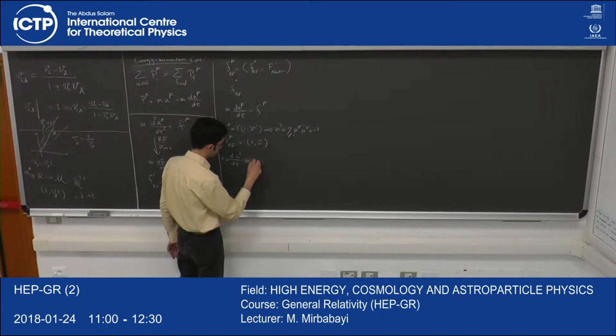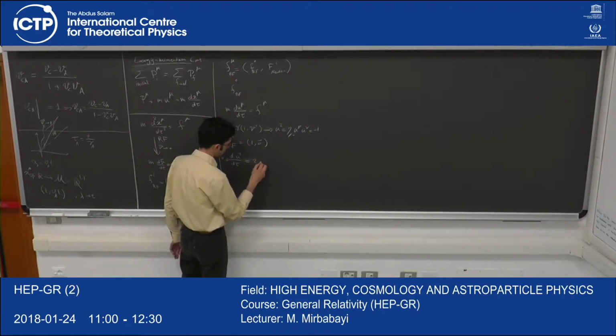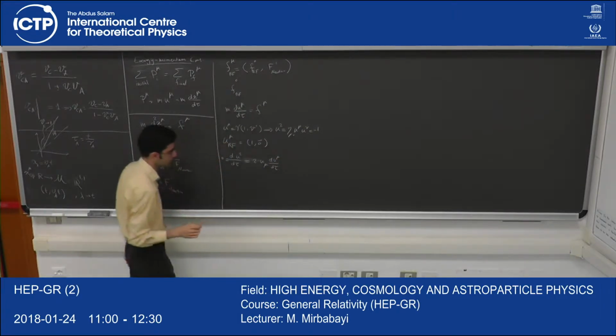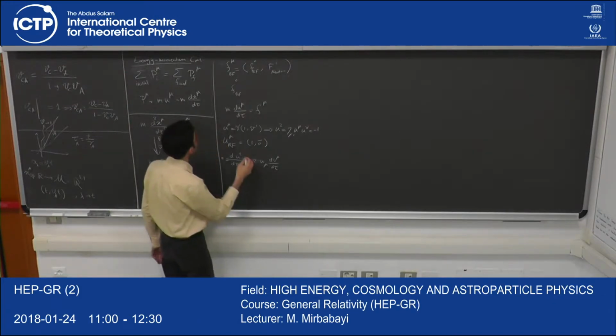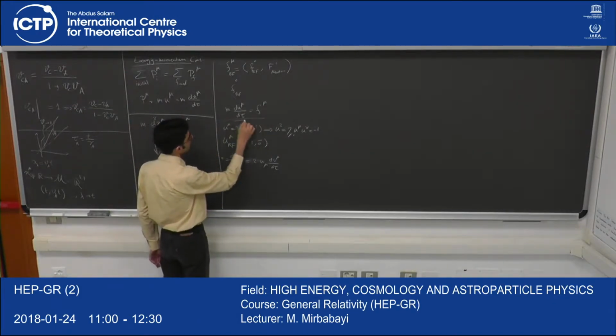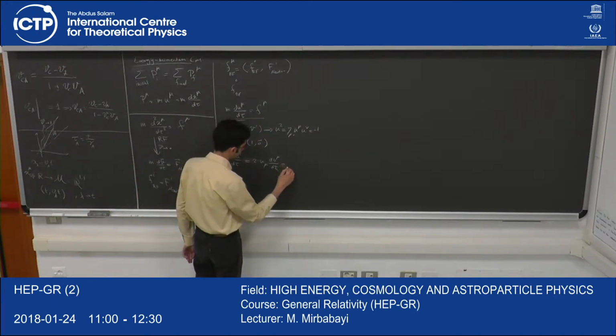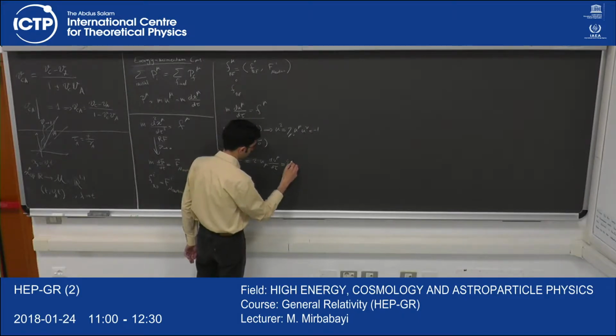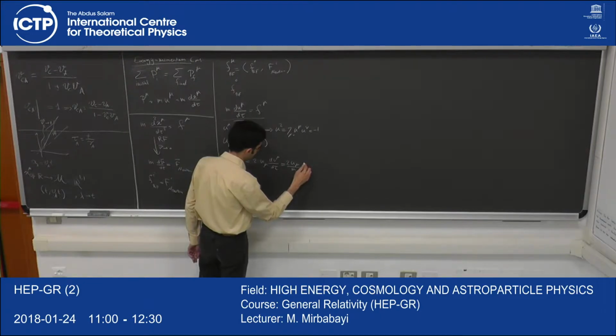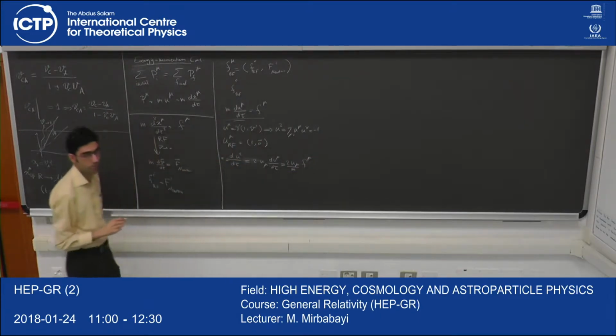But it is also equal to twice u mu du mu d tau, which from the definition of the force is given by twice u mu over m times F mu.